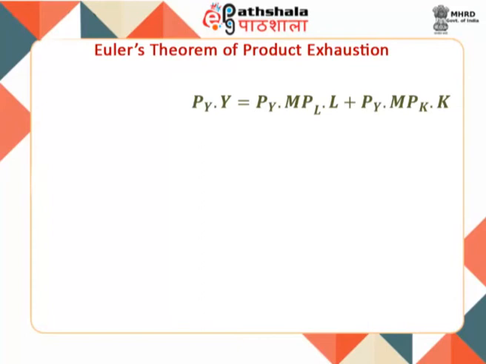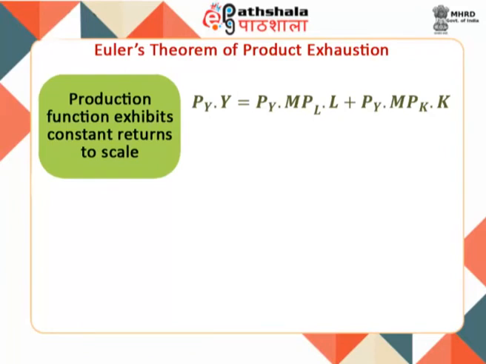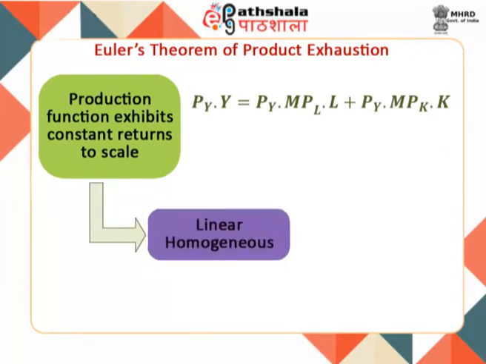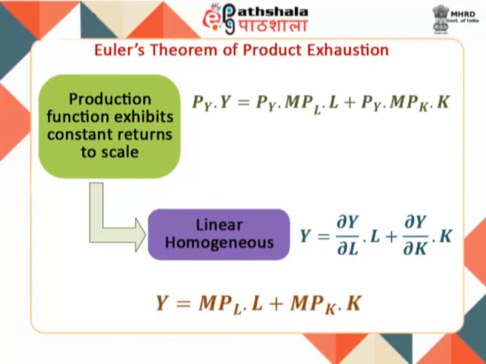Euler's theorem states that when the production function exhibits constant returns to scale, or is linearly homogeneous, the following relationship will hold: Y = ∂Y/∂L·L + ∂Y/∂K·K, or Y equals marginal product of labor into L plus marginal product of capital into K.